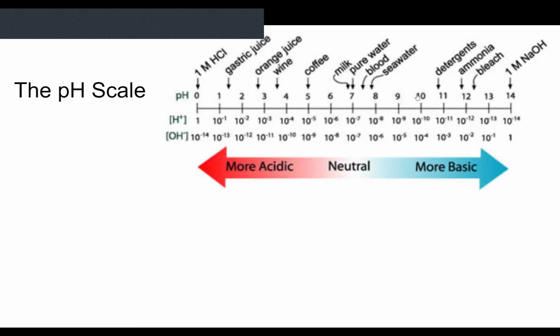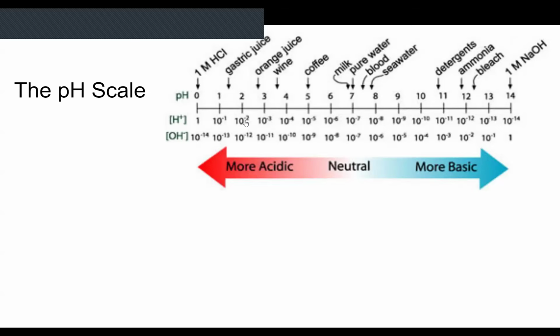At the top, we see pH numbers 0 through 14. In the next line down, we see hydrogen ion concentration. And notice how every time there's a step of 1 on the pH scale, the concentration of hydrogen ion goes down by a factor of 10. So from 1 to 10 to the negative first, that's a divide by 10 change.